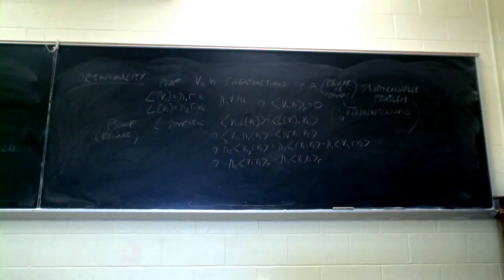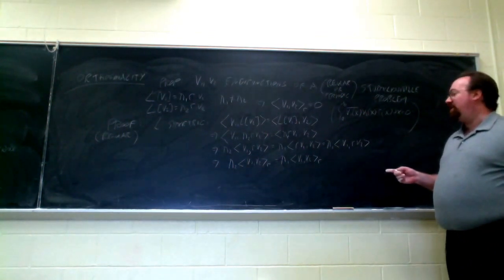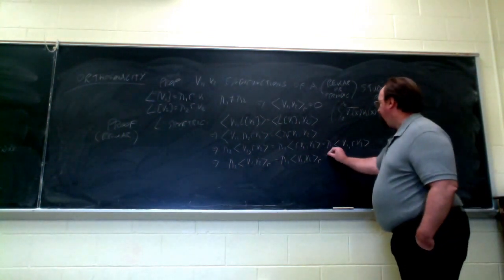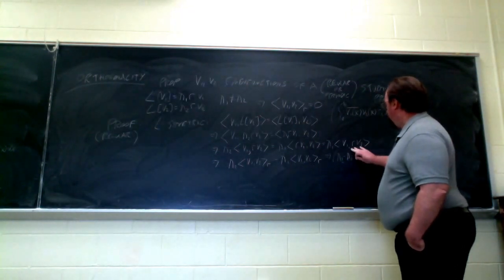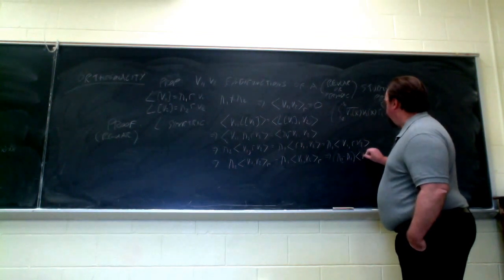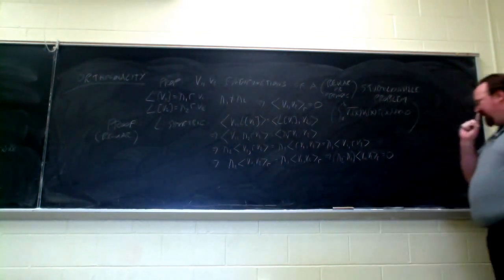But the thing is, lambda 2 and lambda 1 are not equal. So if I write it this way, lambda 2 minus lambda 1 times the inner product of V1, V2 with weight function R has to be 0.